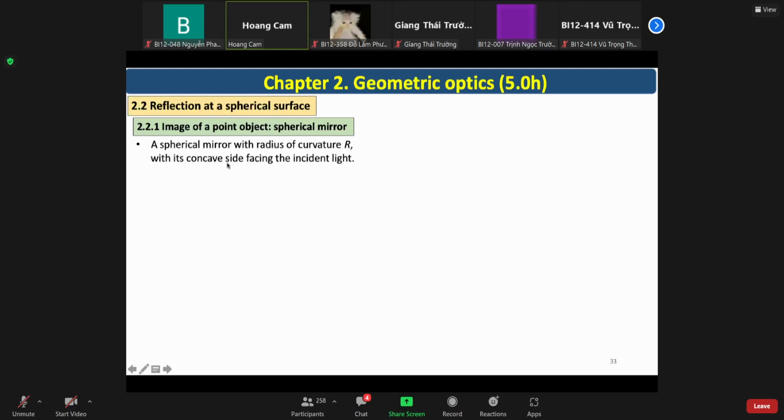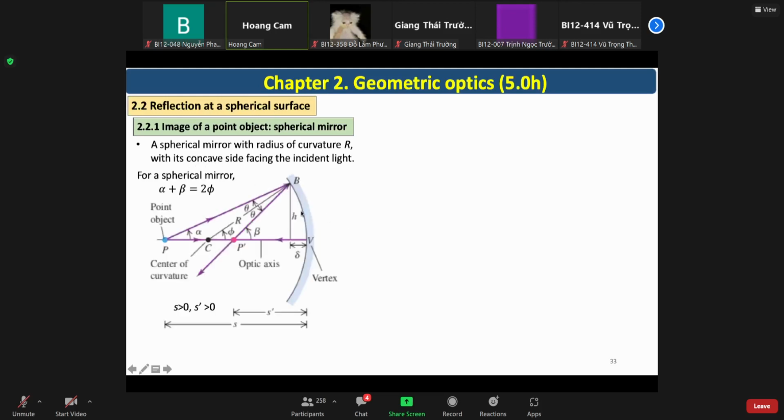The first case is concave, like this one. Even though you already know this from your previous education level, for the spherical mirror we have some basic concepts. So we have here the concave spherical mirror.